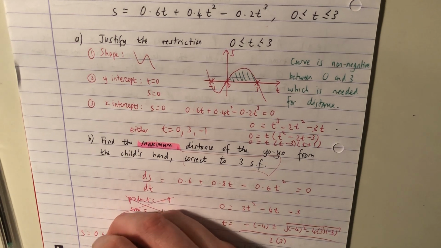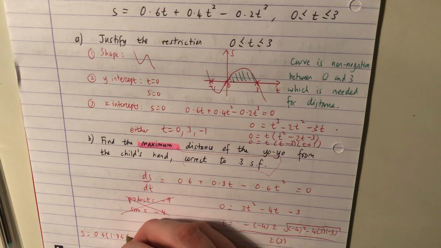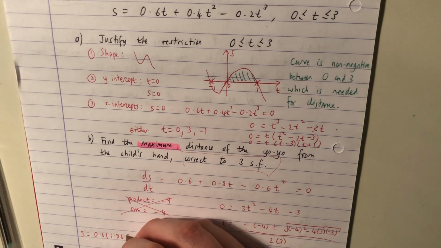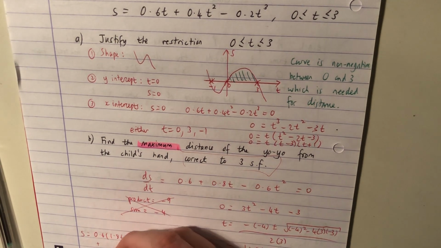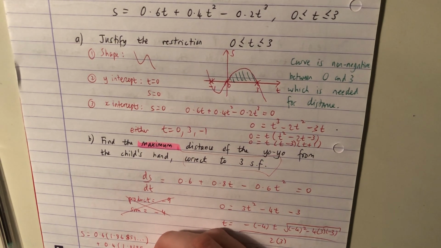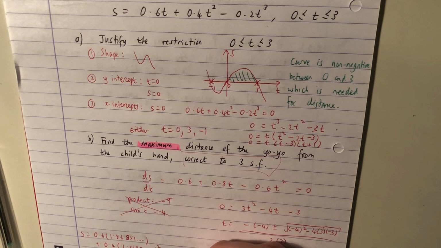So 0.6 times 1.8685 dot dot dot, plus 0.4 times 1.8685 dot dot dot squared, minus 0.2 times 1.8685 dot dot dot cubed.